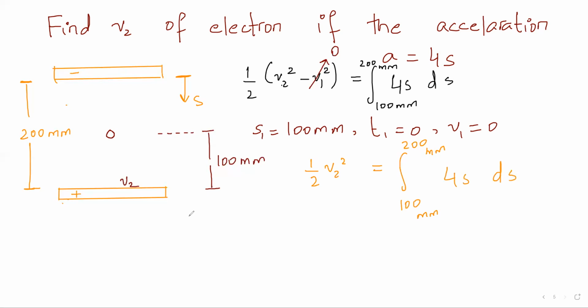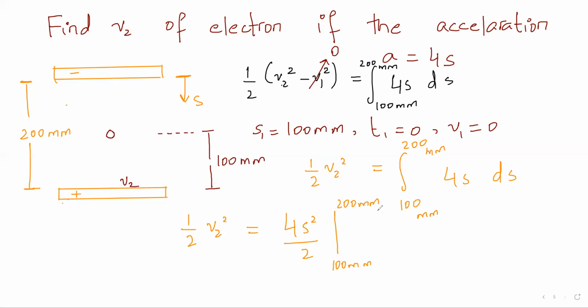So I get 1 over 2 V2 square equal to 4S square over 2, evaluated between 100 millimeter and 200.